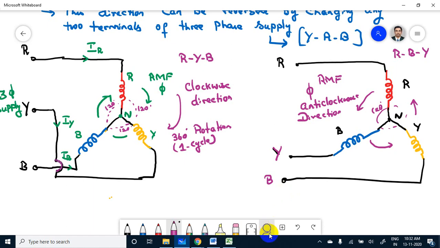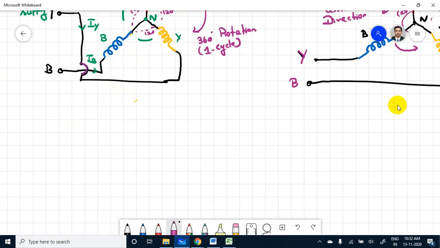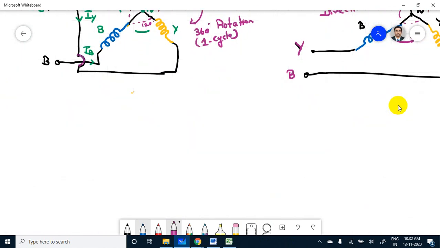Okay, next title, it is construction. There is not much difference between generator and motor in terms of a DC machine, and the synchronous motor construction is basically similar to a rotating field type alternator.